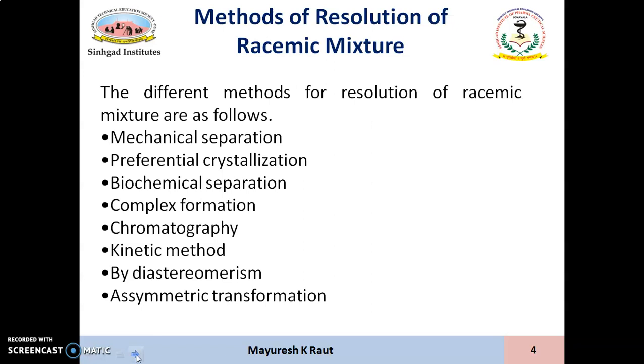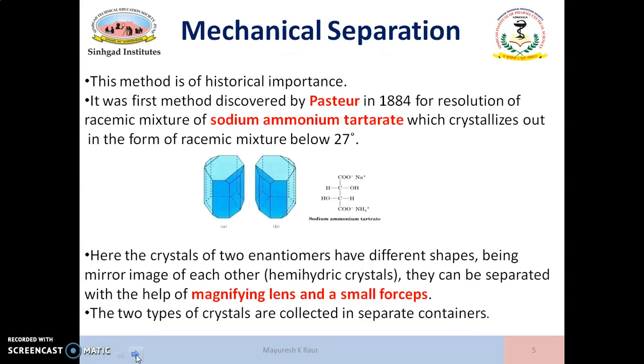First, mechanical separation, preferential crystallization, biochemical separation, complex formation, chromatography, kinetic method, by diastereomerism, and by asymmetric transformation. So these are the different methods of resolution of racemic mixture. Now let us discuss these methods in detail one by one.